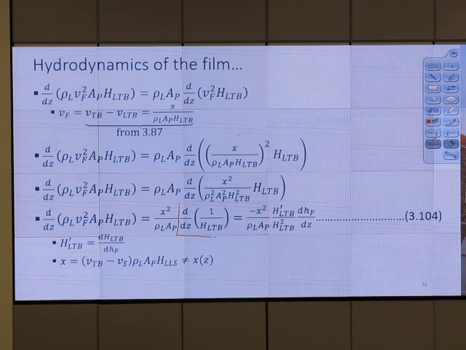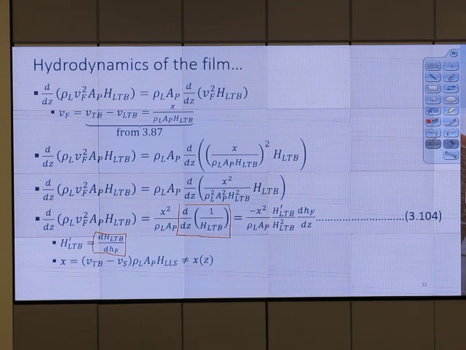d by dz of 1 over H is minus 1 H to the power of minus 2 and dH by dz. You get that, right? Say holdup is changing with time, on the spot. Holdup changes with z. So how can you find the derivative of holdup and height?